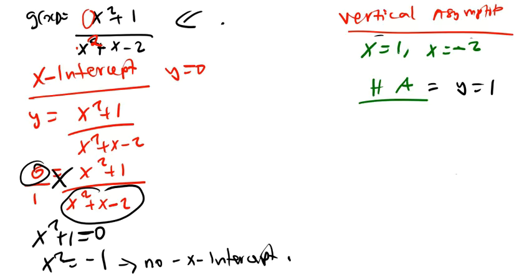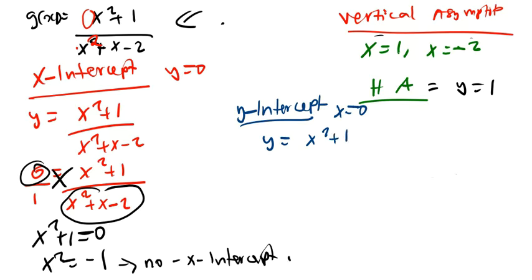Next, we need to find the y-intercept. We have shown that there is no x-intercept. Let's now find the y-intercept. To find the y-intercept, equate x to be equal to 0. The same equation, x squared plus 1 over x squared plus x minus 2.